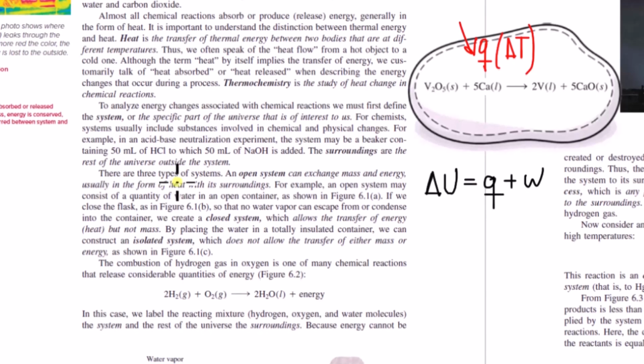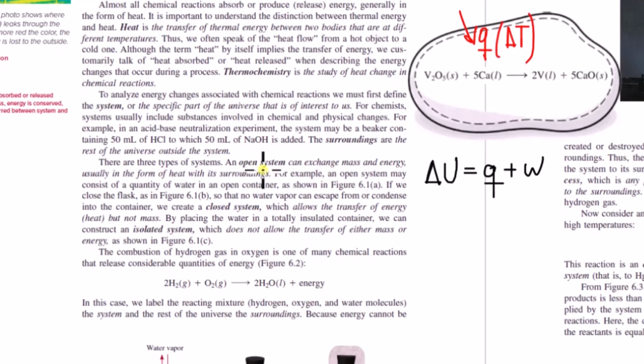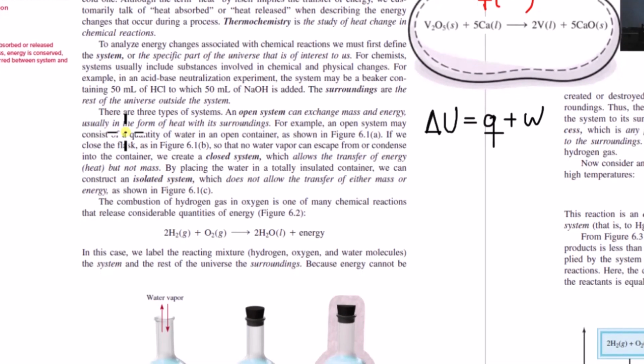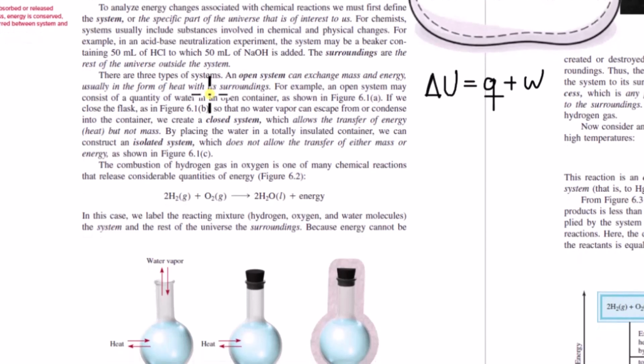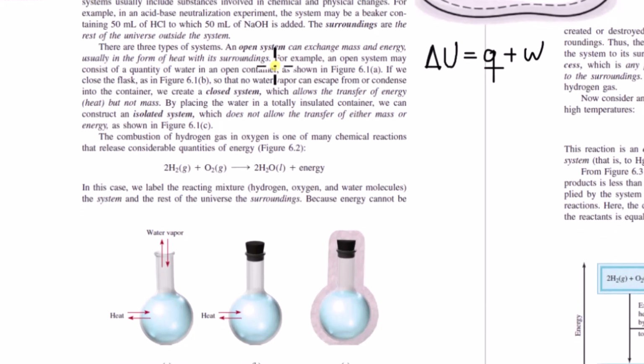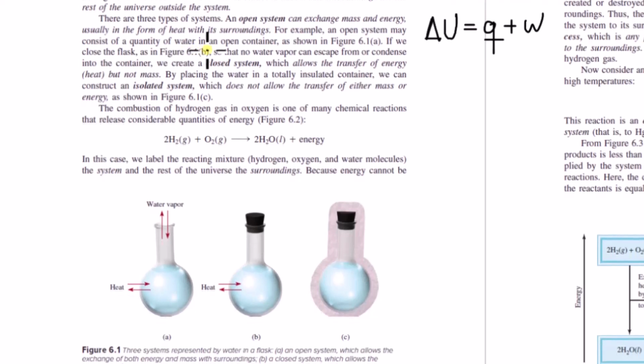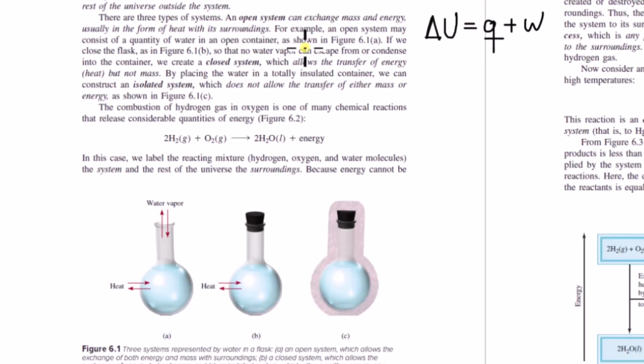There are three types of systems. An open system can exchange mass and energy, usually in the form of heat, with its surroundings. For example, an open system may consist of a quantity of water in an open container, as shown below.